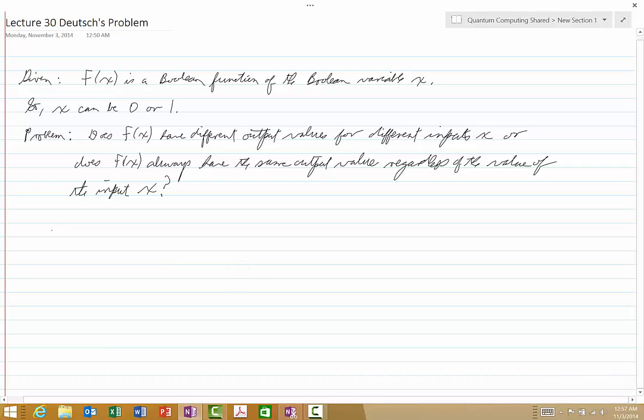Okay. Well, first of all, let's make the following observation. Associated with f of x, and this is something we saw in chapter 6, there is an associated unitary transformation U sub f that acts as follows.